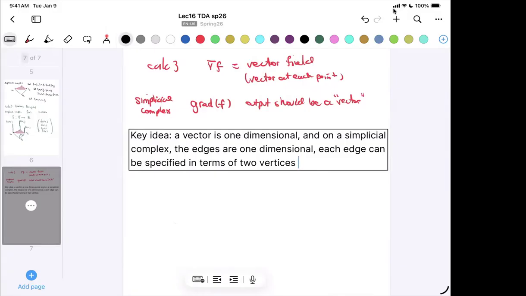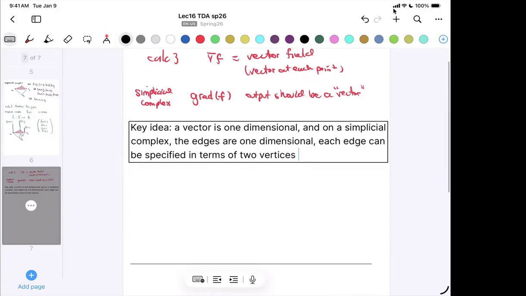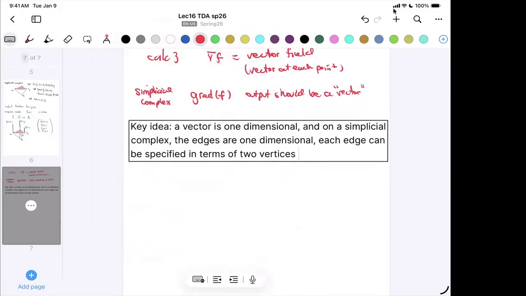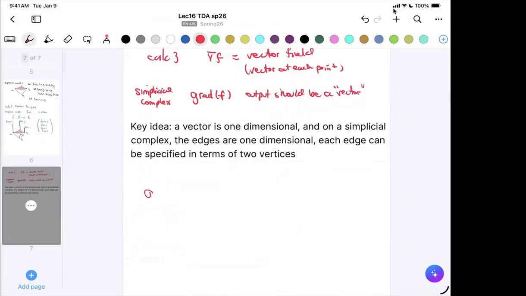So basically what I'm going to do is say what the gradient should be at each edge. And then I'll draw a picture so that you see.